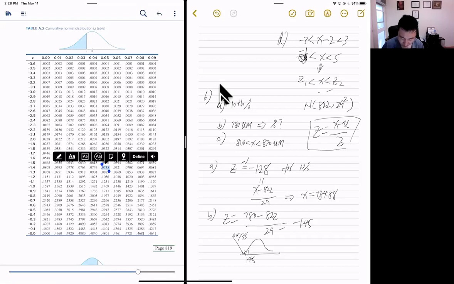So for the depth of 780 micrometer, that is about 7%, so about the 7th percentile.